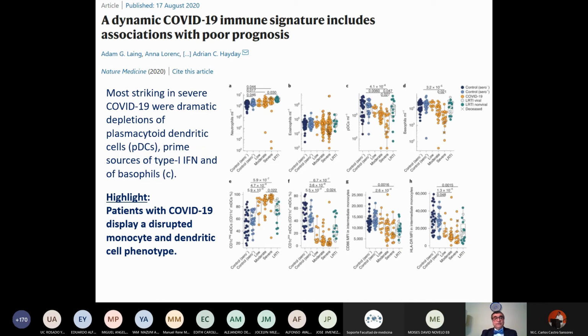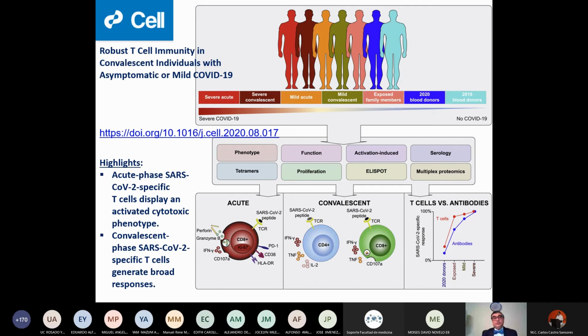Their role is very important. So the take-home message from this slide is that there are monocytes and these cells, and they have disrupted phenotype expression. Then another study came, by a Swedish group.